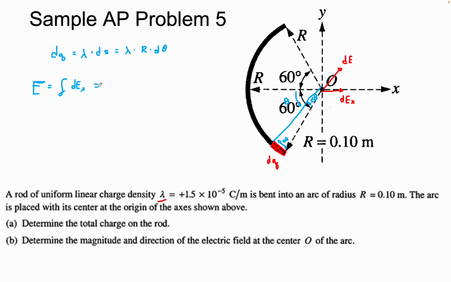It's going to be the integral of the electric field, which is going to be dq. I'm going to write that in right away. Lambda r times d theta, what we just wrote up above, all over the distance times 4 pi epsilon naught r squared. And then remember, we want only the horizontal component, so times the cosine of theta.